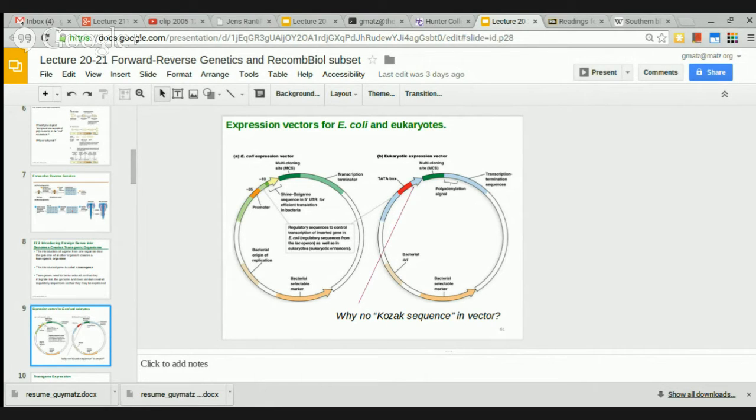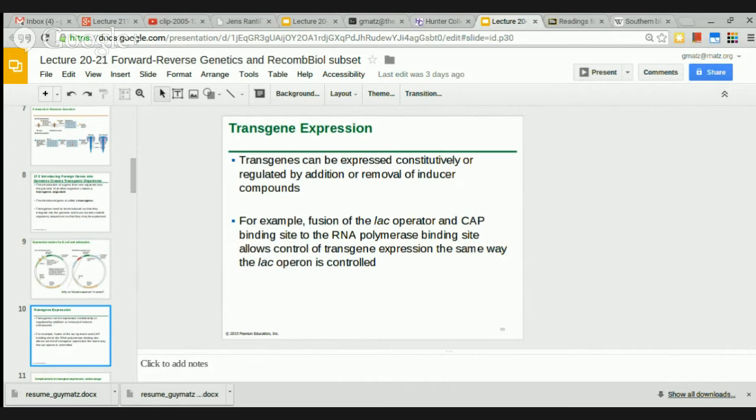In fact, the kind of regulatory sequence we put into our transgene is going to dictate how that transgene gets expressed. We can put regulatory sequences that will make the gene express constitutively, just always be on. We can choose a promoter and enhancer sequence that's going to make it only expressed in one particular type of tissue.